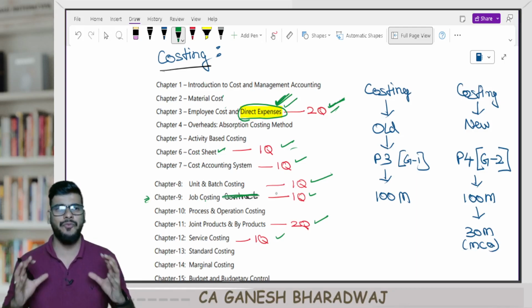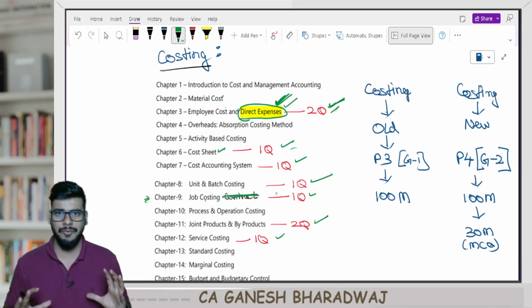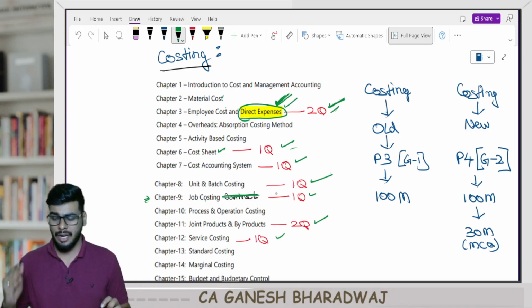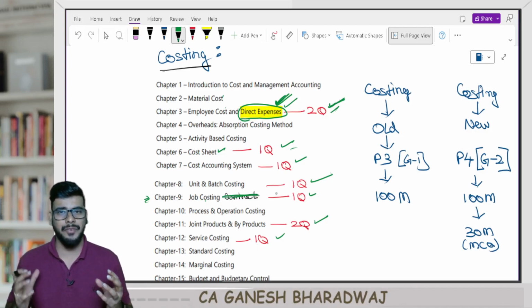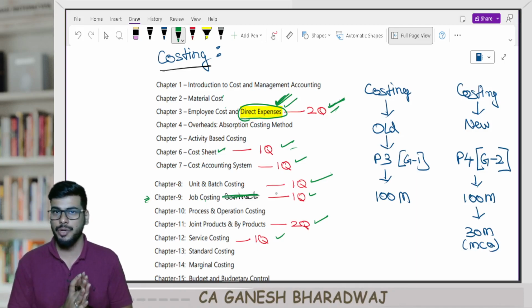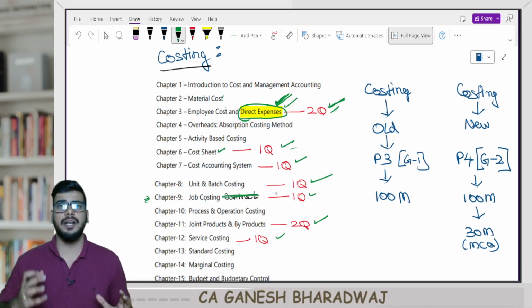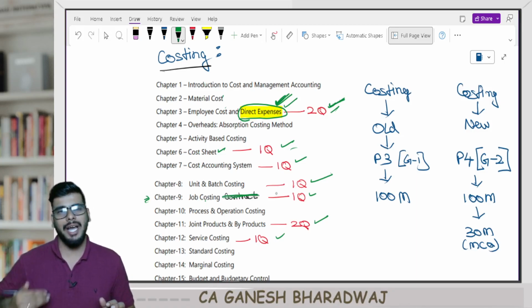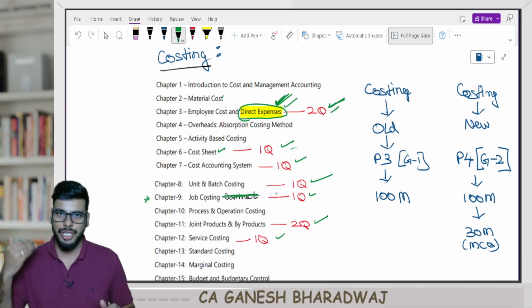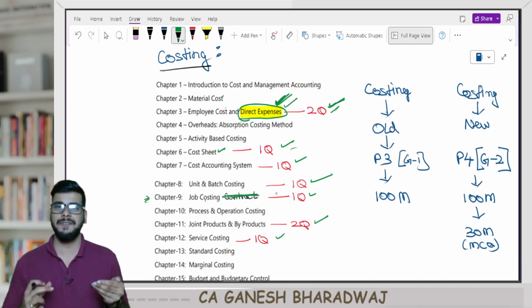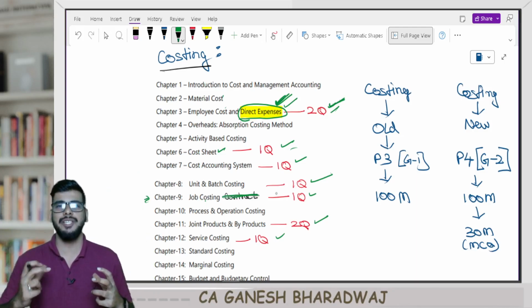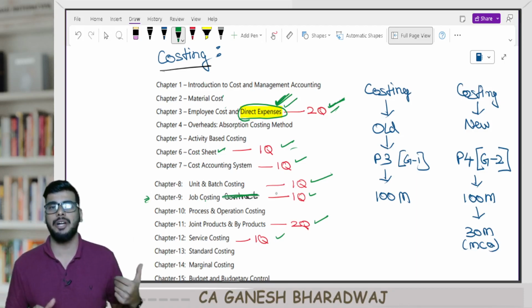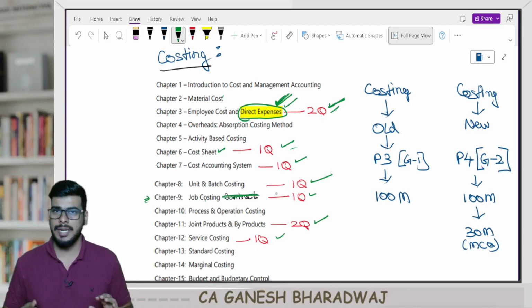The entire book has been shuffled, and we have included a total of about 300 questions which we will be solving in the classroom. Apart from that, about 150 MCQs we will also be doing in the classroom. So I have made some new changes in the handbook as well as in the lectures. The coverage will be slightly more as compared to the old recordings. So you can decide accordingly.